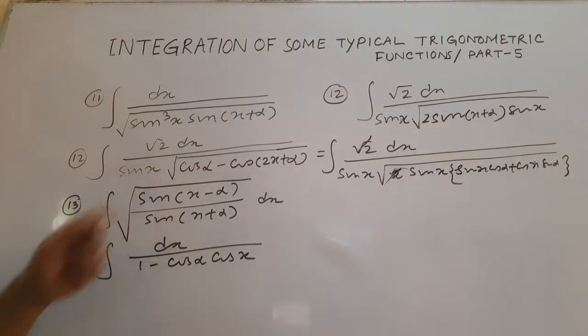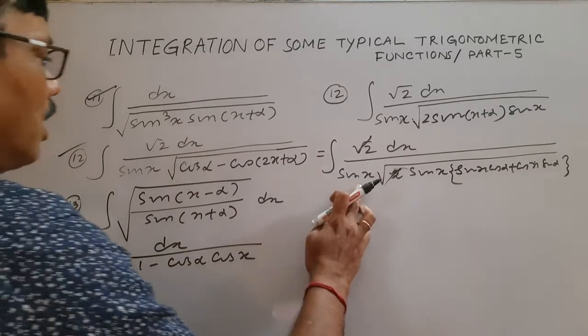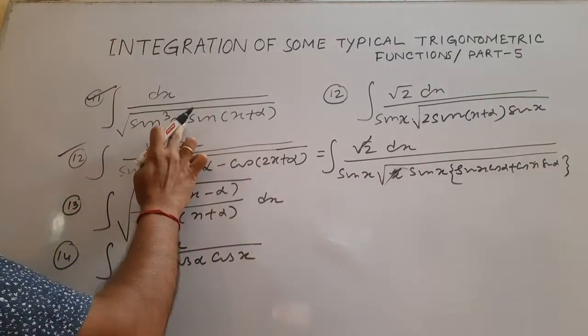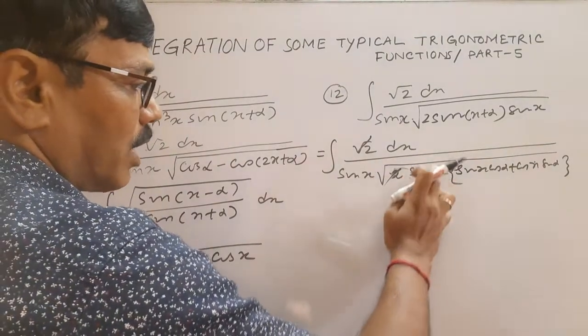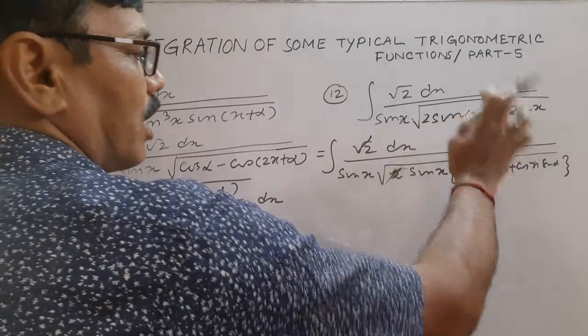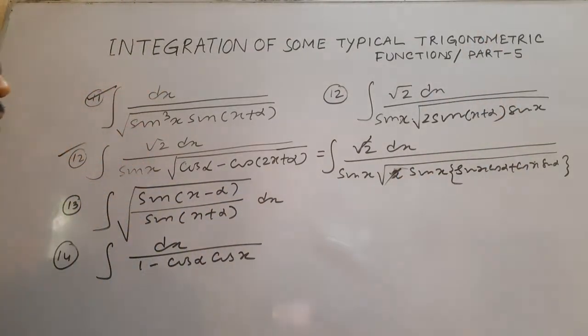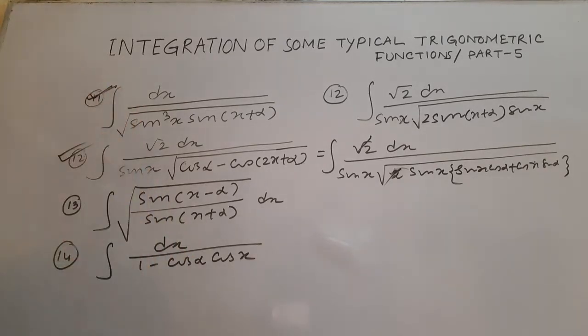Now look, problems number 11 and 12 are the same. Here it is sine x and there it is sine cube x. Inside the root it will be sine square and sine cube x, and this is sine x plus alpha. So problems number 11 and 12 are exactly the same.